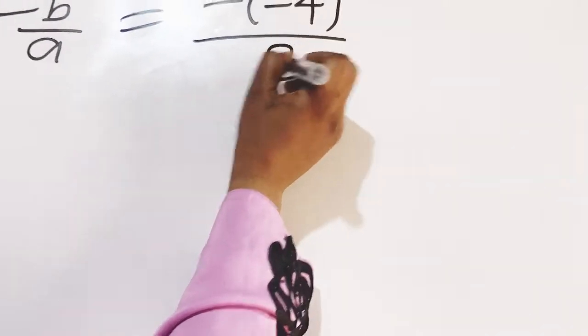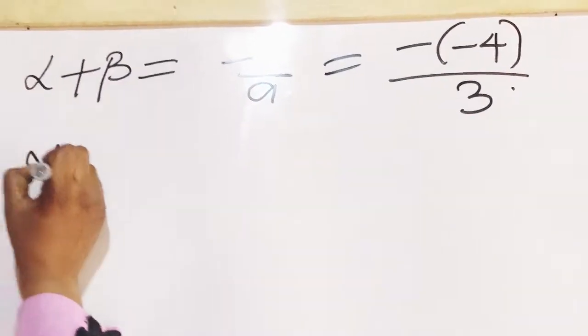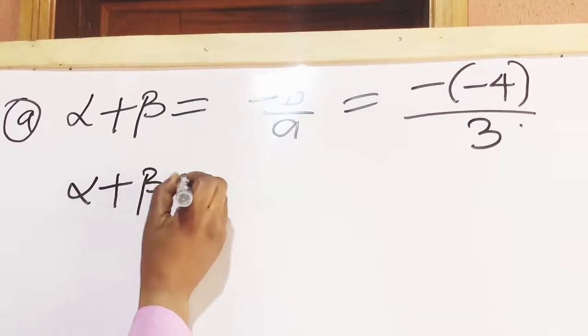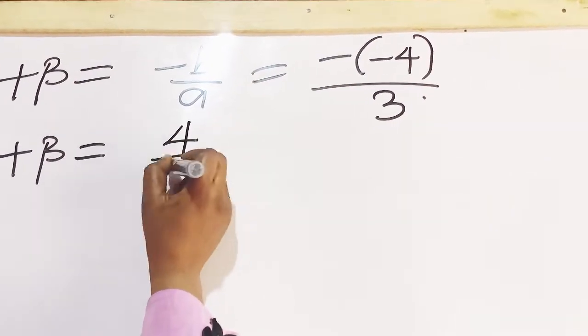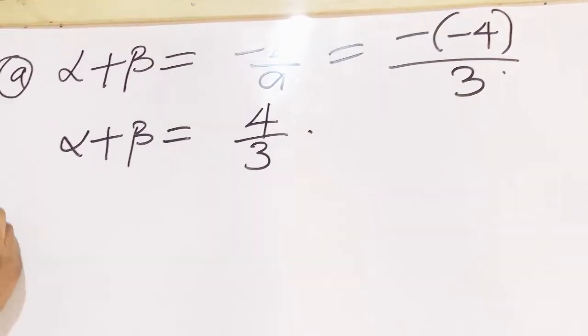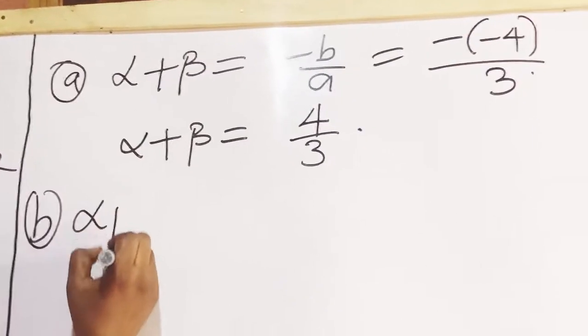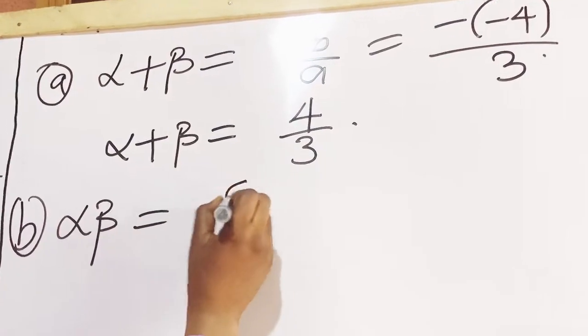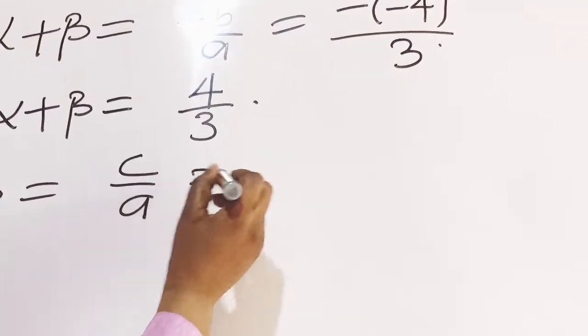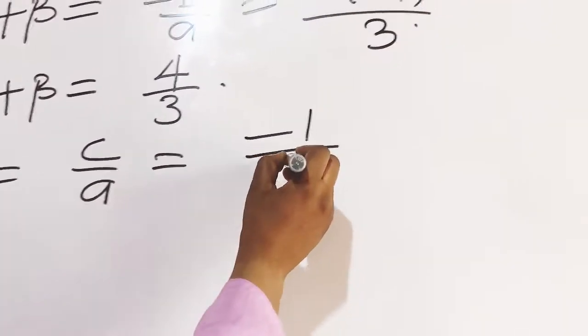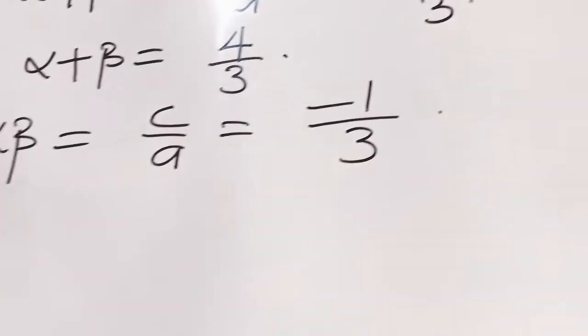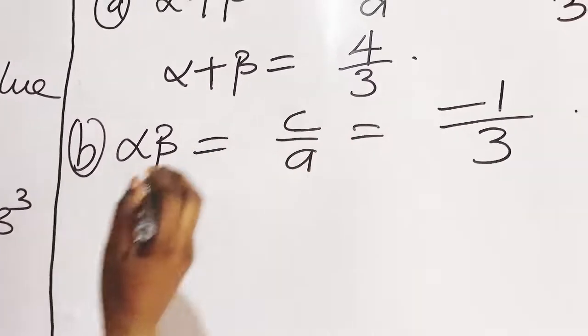So alpha plus beta is equal to minus times minus gives plus, so everything is equal to 4 over 3. So that is A. B: product of roots, alpha beta, is c over a. Anywhere you see c, you put minus 1, and anywhere you see a, you put 3. So the product of roots is equal to minus 1 over 3.